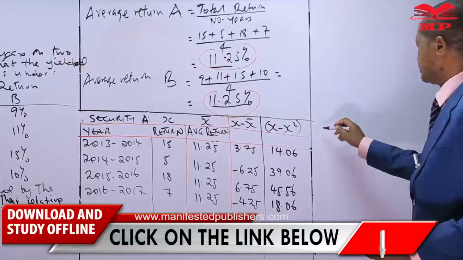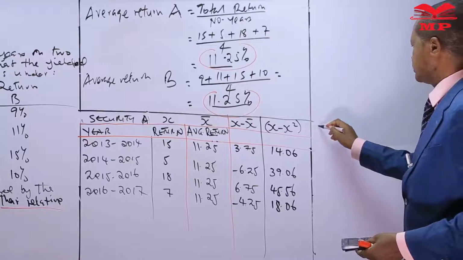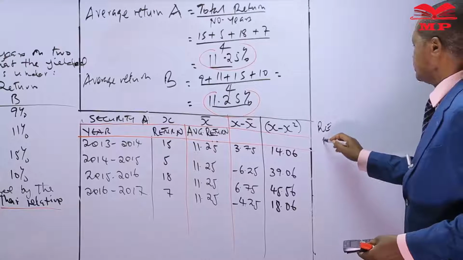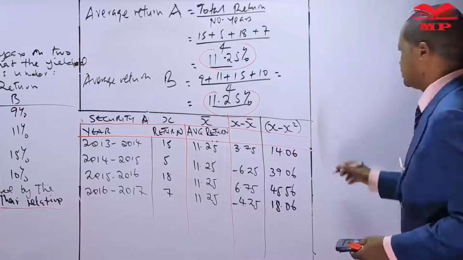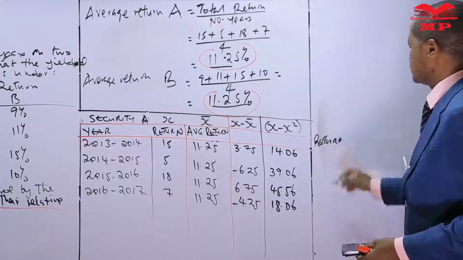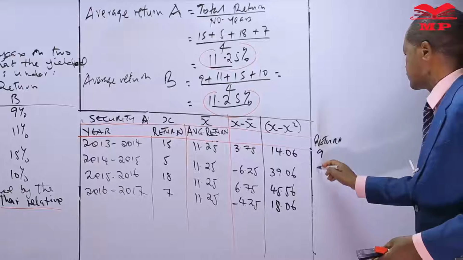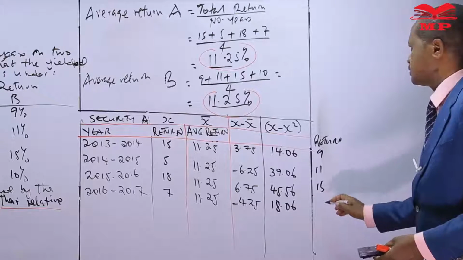The return for security B: 9, 11, 15, 10.